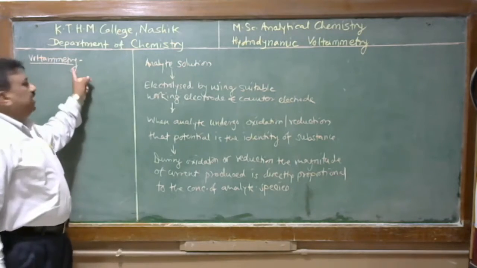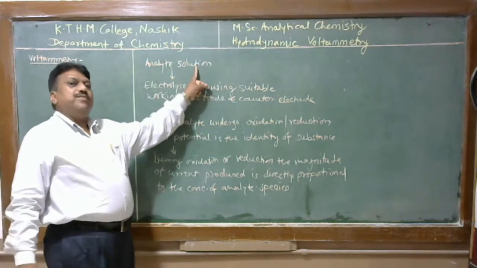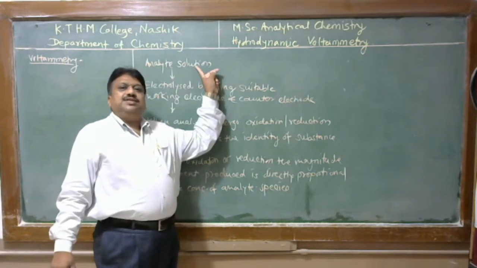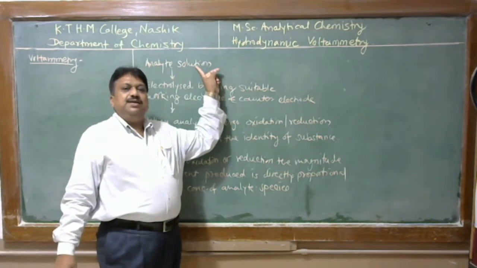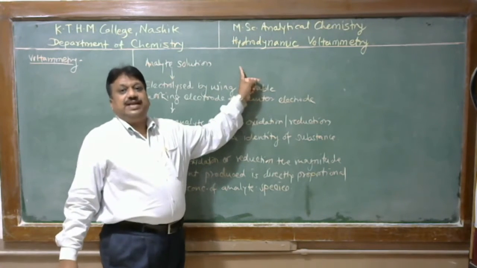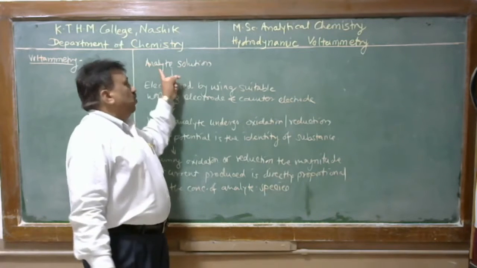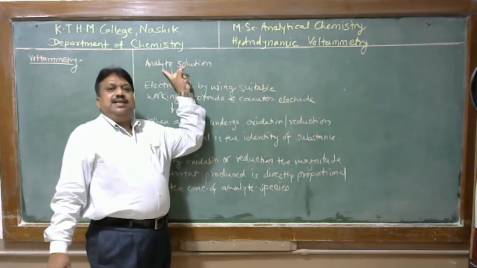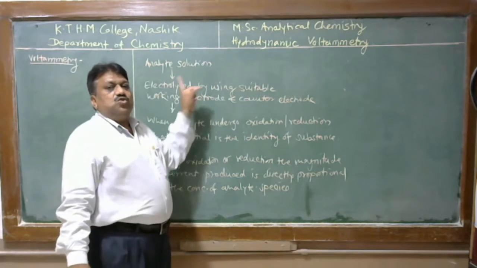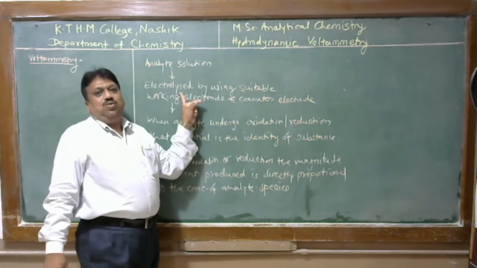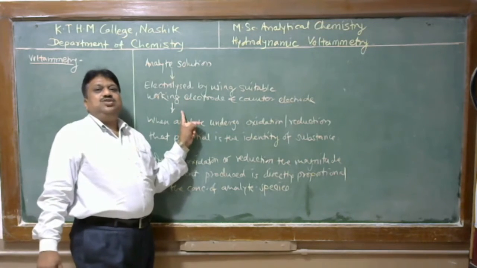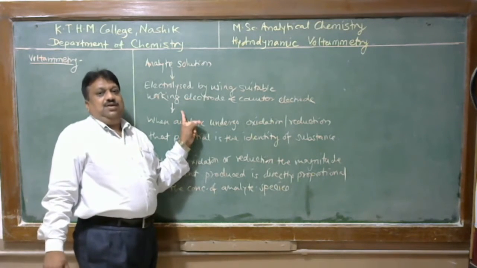Therefore, voltammetry comprises a group of electroanalytical techniques in which the current voltage time relationship during the electrolysis of the sample is utilized for identification and estimation of the analyte. In a voltammetric method of analysis, the analyte solution is made a part of an electrolysis cell containing a suitable working electrode and counter electrode. With DC potential, the analyte solution is electrolyzed.